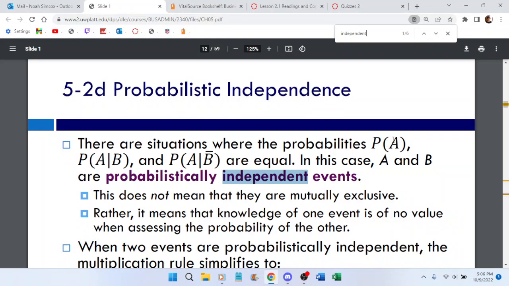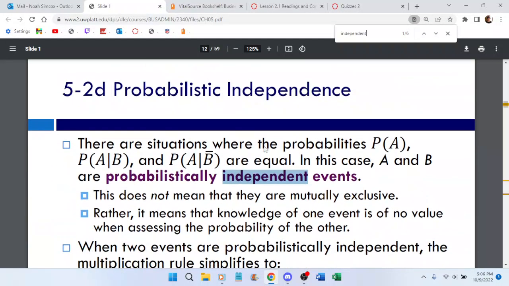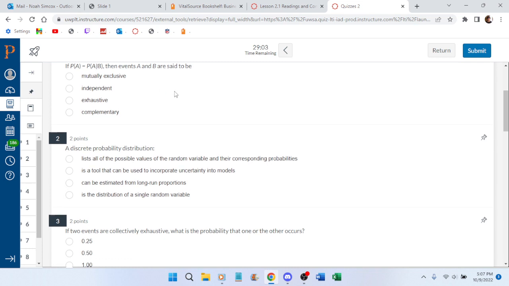If probability of A is the same as probability of... Oh, dude. This is fun. I'm going to come back to that one.